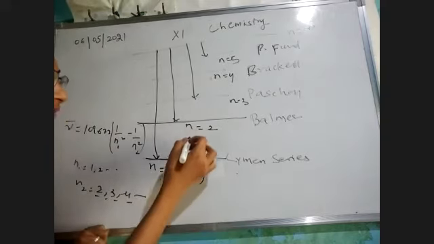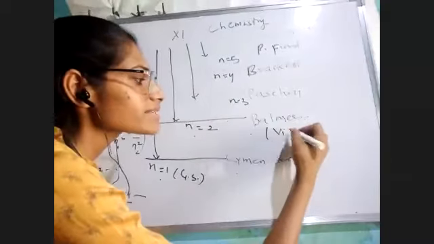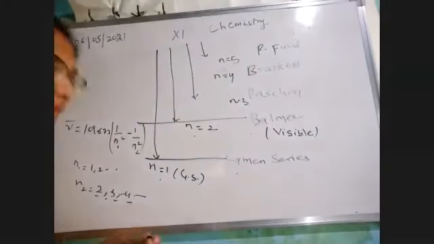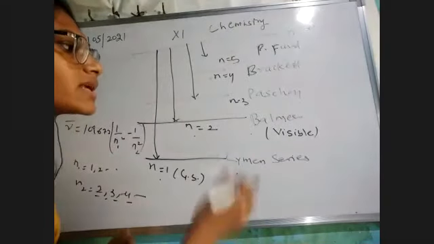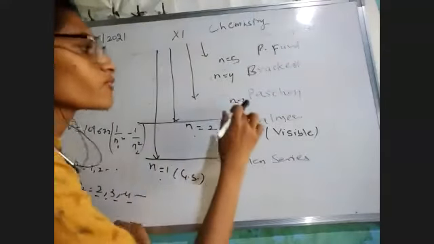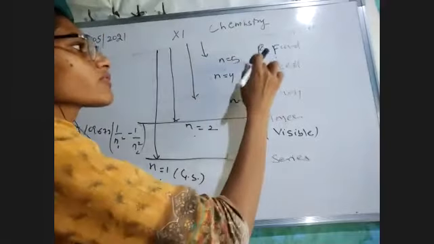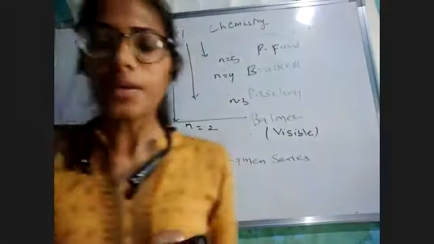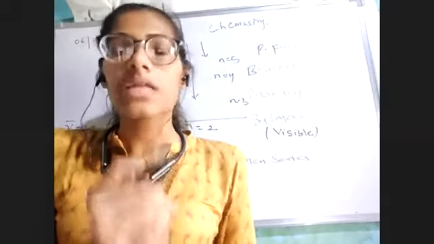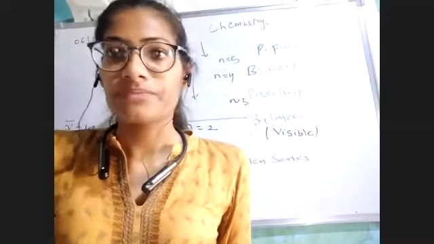If n1 equals 2, Balmer series. Balmer series is the only series which lies in the visible region. That means this is the only series that we can see with our eyes. Then if n1 equals 3, this is Paschen, n1 equals 4 Brackett, n1 equals 5 Pfund. This was the whole concept given by the line spectrum, also known as emission spectrum.